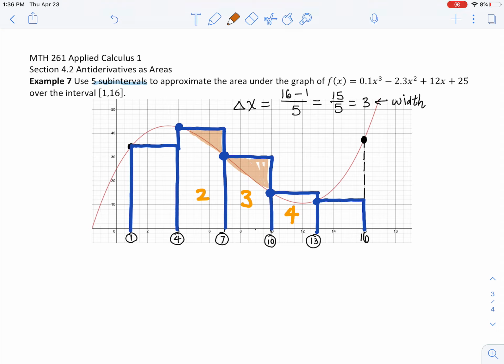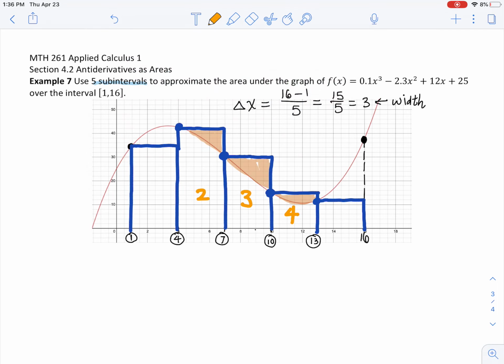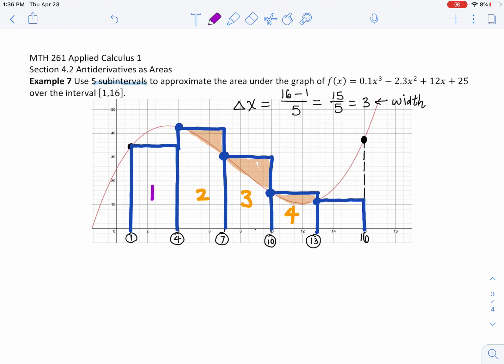Now, notice, out of these 1, 2, 3, 4, 5 rectangles, number 2, 3, and 4 actually have areas sticking out of the curve. You see what I mean? That was the interval where the function was decreasing, right?